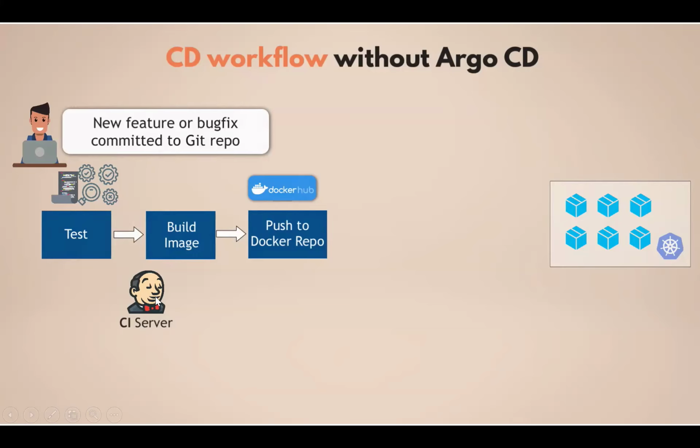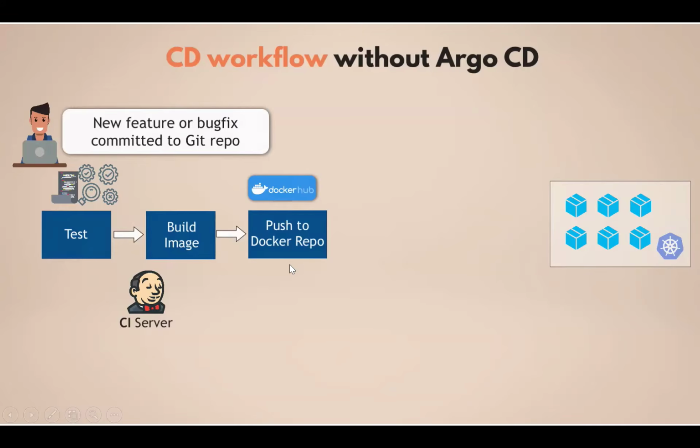In all the processes, Jenkins is involved. Jenkins gets triggered once anything is pushed to GitHub, then builds the image based on the steps we have defined in the Jenkins server, and that image is then pushed into our Docker Hub.